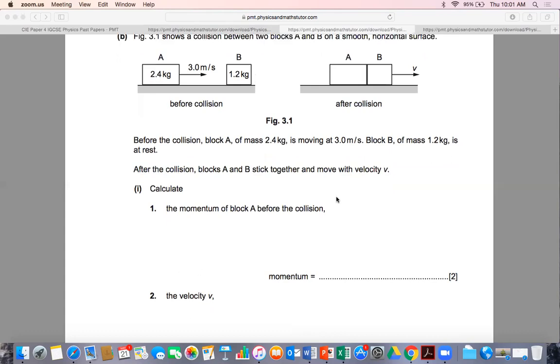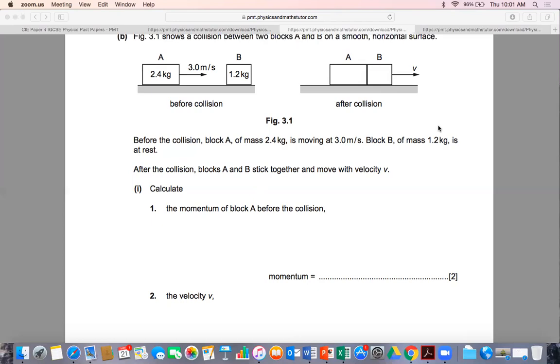Then what is the velocity V after collision? I think it's 2. So before collision, the momentum is 7.2 because B has no momentum.